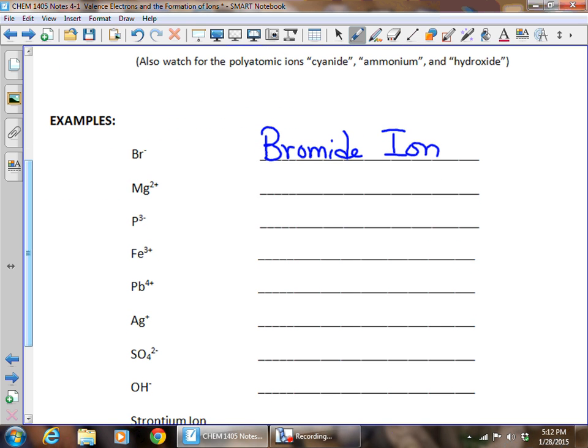Look for another negative one. We've got P3 minus here. P3 minus is simply going to be the phosphide ion. Mg2 plus, that is going to be with our positive ions. If they're in groups 1A or 2A, we name them as they are.